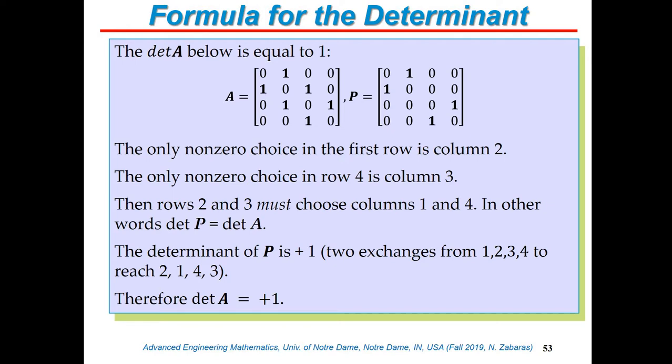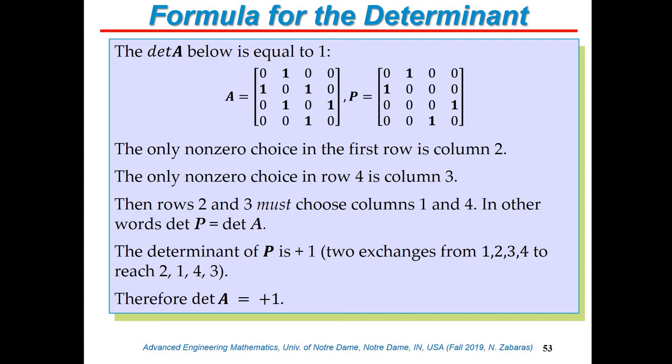So remember, row 1, column 2 is taken, row 4, column 3 is taken. So effectively from row 2 and row 3, I have no choice but to use the first column and the fourth column. Every other term that you can think of with any other combination of choices gives you 0.